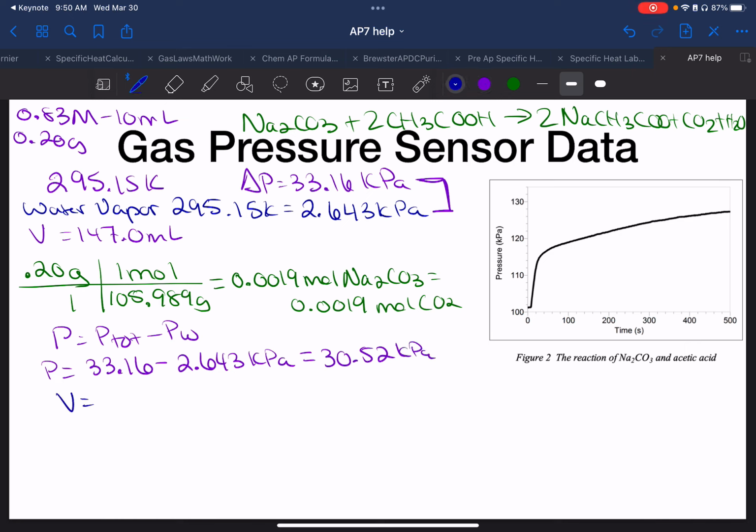So my volume equals 0.147 liters. R equals 8.31446 liters kilopascals over K per mole.